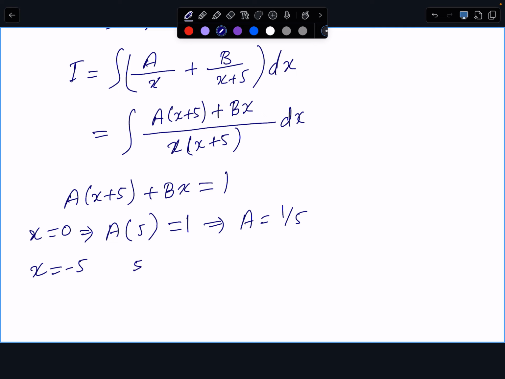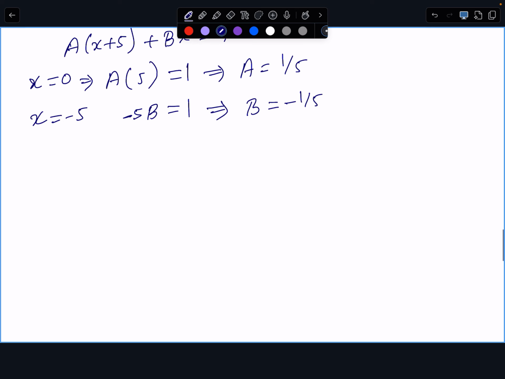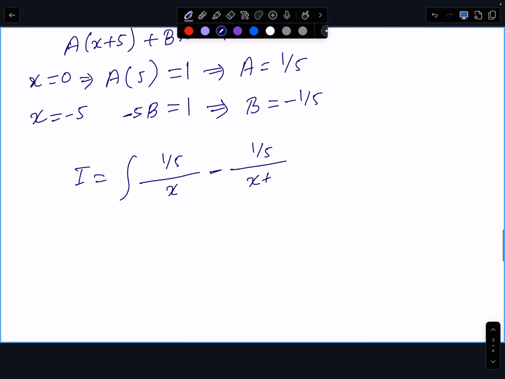So 5b equals 1 again. I'm sorry, minus 5. b is minus 1 over 5. A is 1 over 5. Therefore, I is going to equal 1 over 5 over x minus 1 over 5 over x plus 5, I believe, right? Yes.